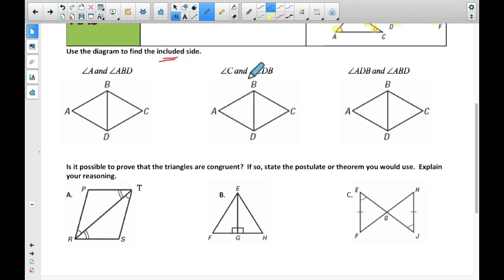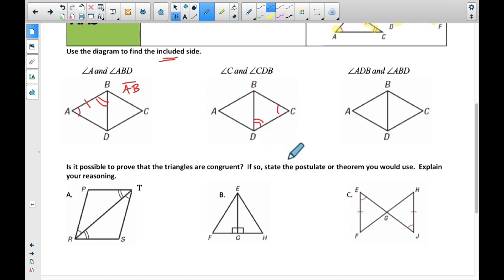The included side is the one in between the two angles. So here they're talking about angle A and angle ABD, which is here. And so the question is, where is the included side? Well, the included side is right here. It's side AB because it's in between those two. Let's try another one. Now we're talking about angle C and angle CDB, which is right here.